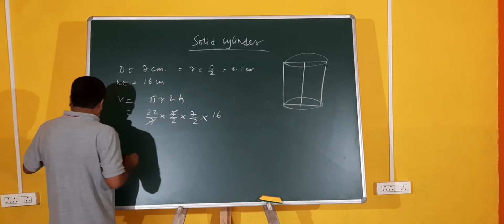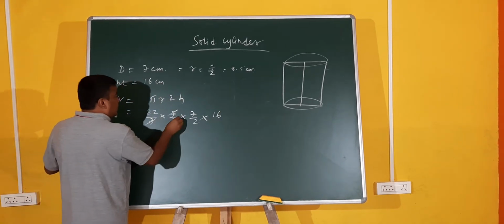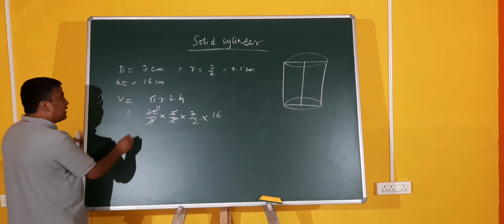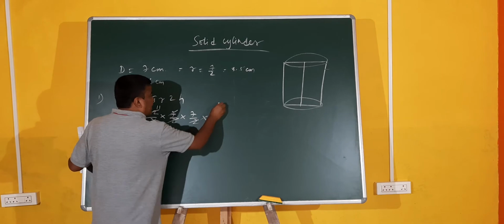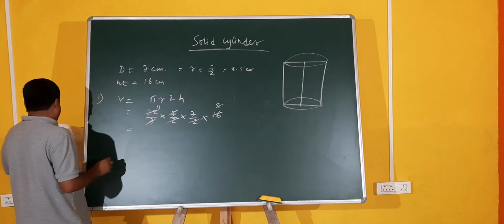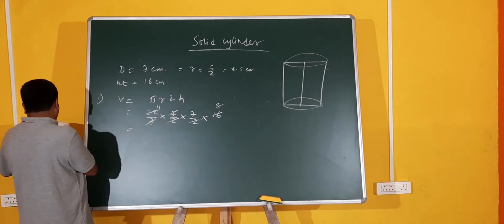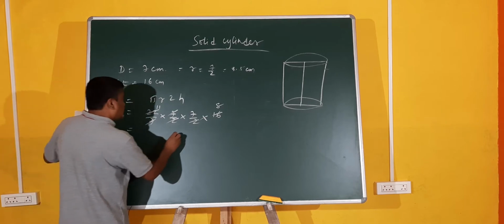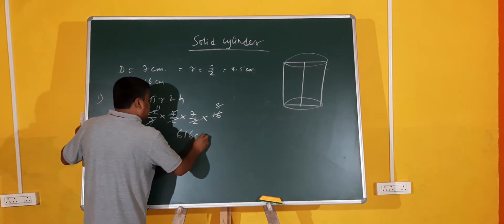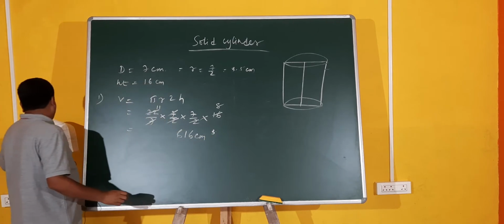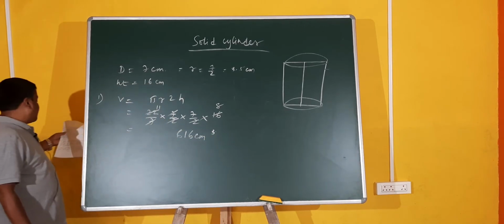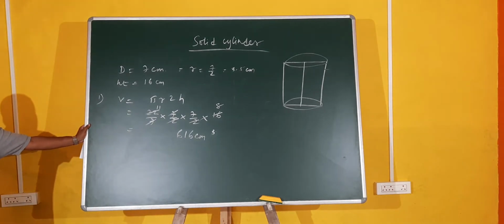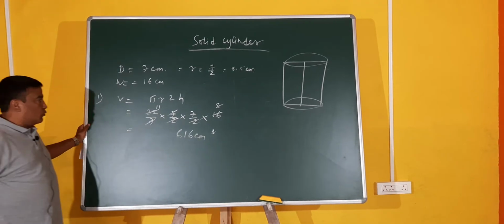This and this will get cancelled. 2 11s are 22, then 2 8s are 16. Now 11 into 7 into 8 is 616 centimeter cube, and the unit for volume is centimeter cube.